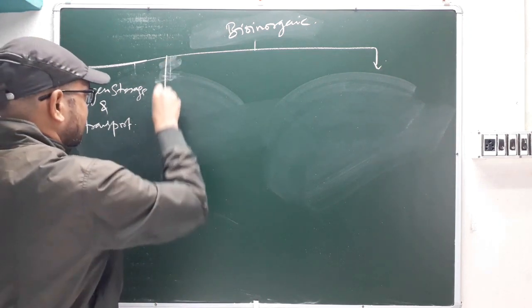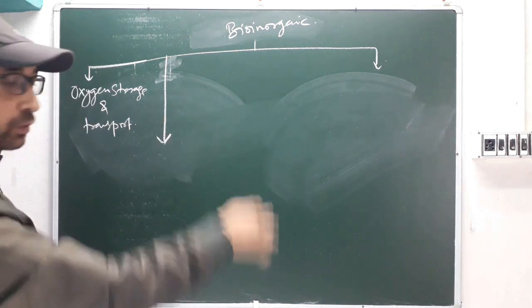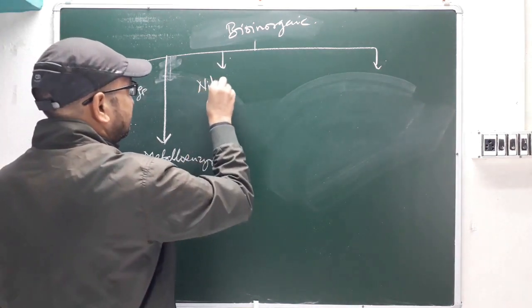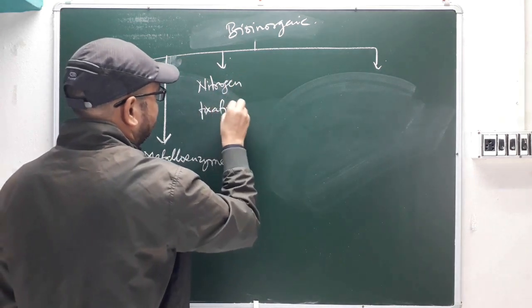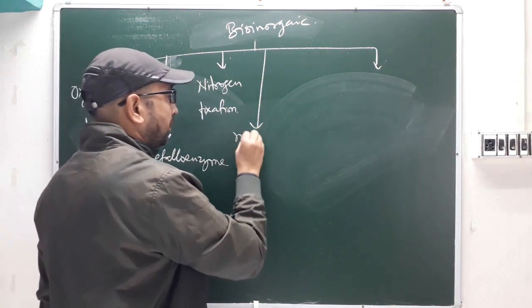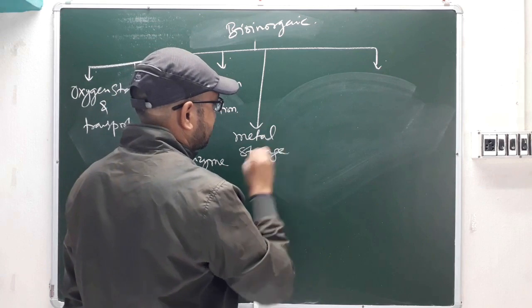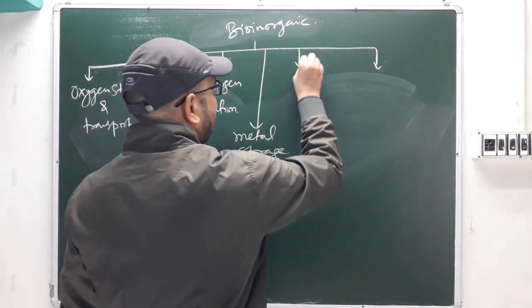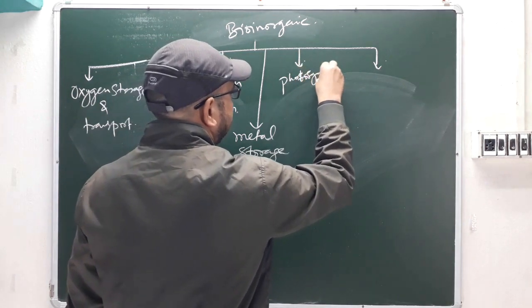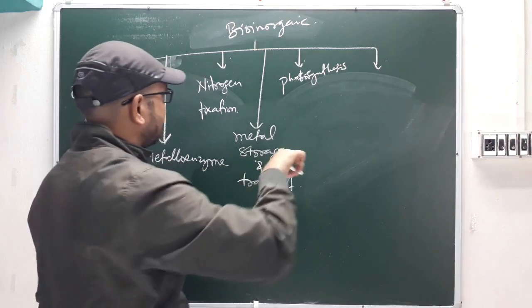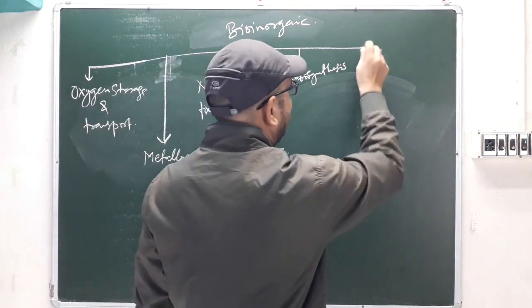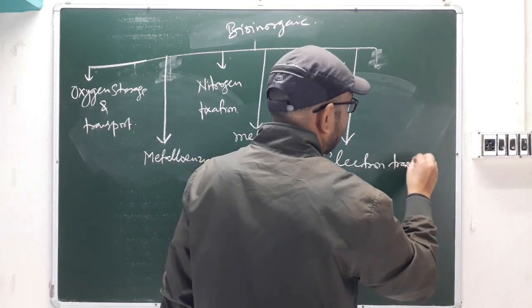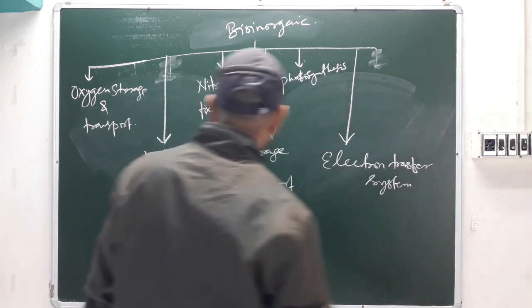Next is metalloenzyme, then nitrogen fixation, then metal storage and transport, then photosynthesis, and then the electron transfer system.